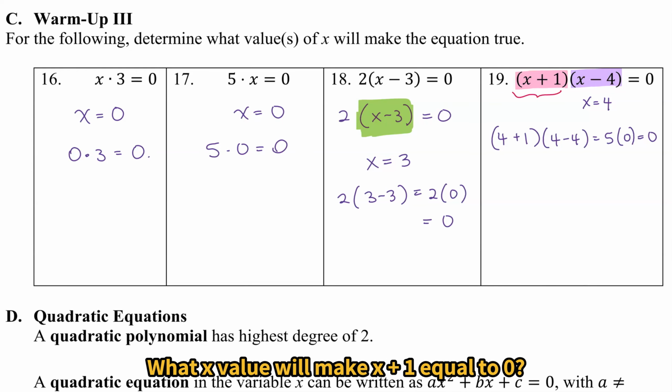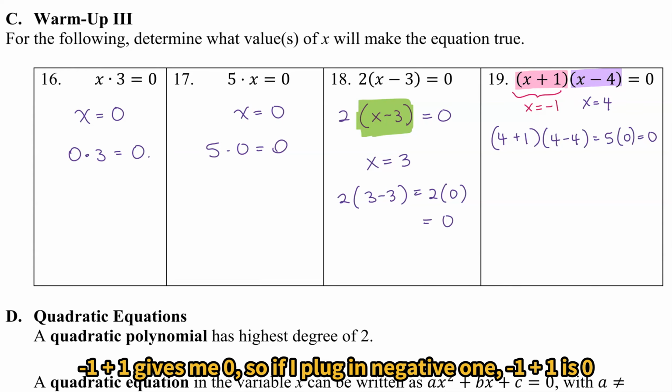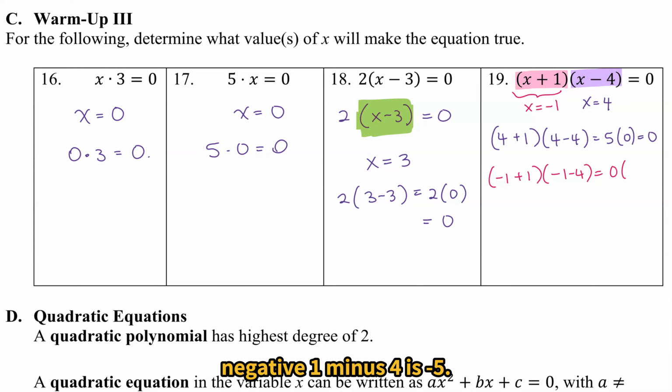What x value will make x plus 1 equal to 0? Negative 1 plus 1 gives me 0. So if I plug in negative 1, negative 1 plus 1 is 0. Negative 1 minus 4 is negative 5. And I get 0 again.